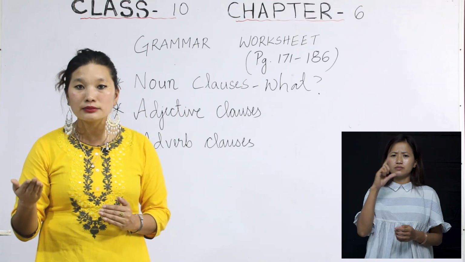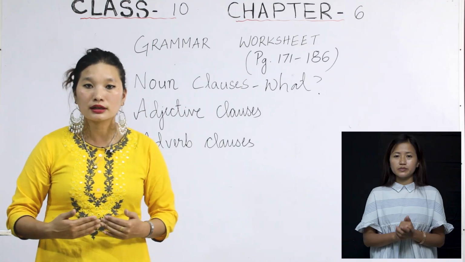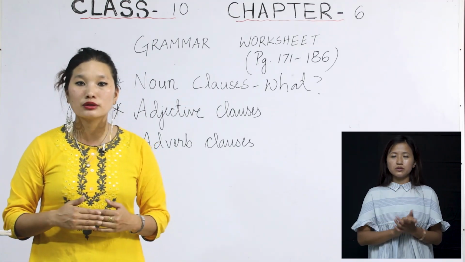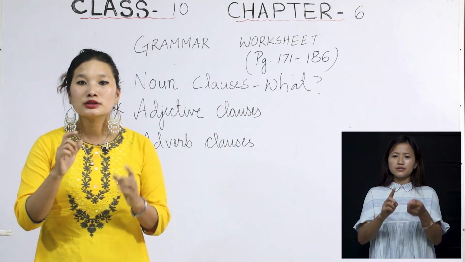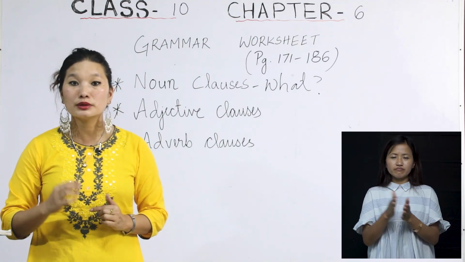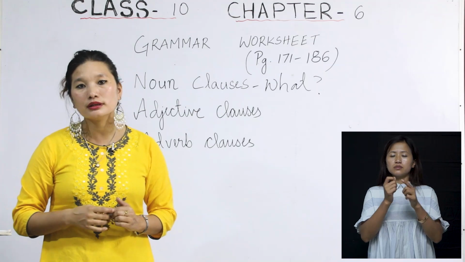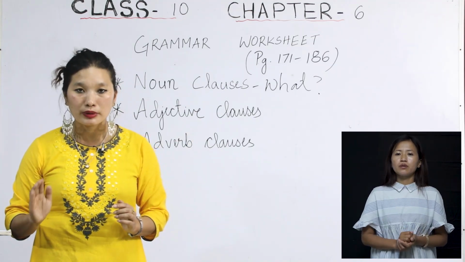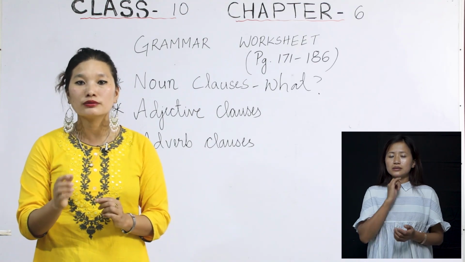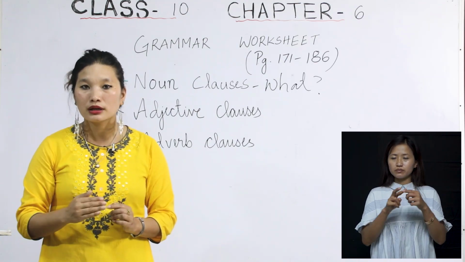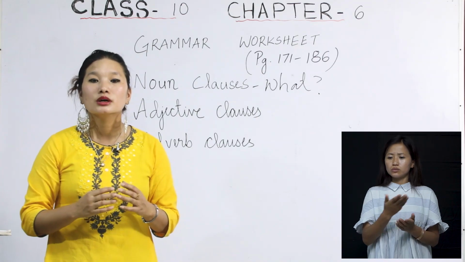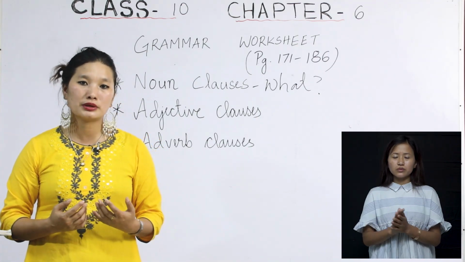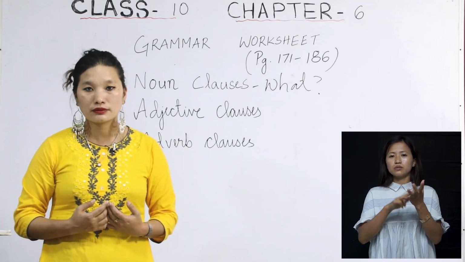Even if you say that by pointing to a boy, we can understand. But by giving that extra information, we are sure that it is an adjective clause because it is describing the noun, that is the boy. Okay, who is sitting in the last bench is describing the subject, that is the boy. And so those types of words which describe the noun or the pronoun are called adjective clauses.